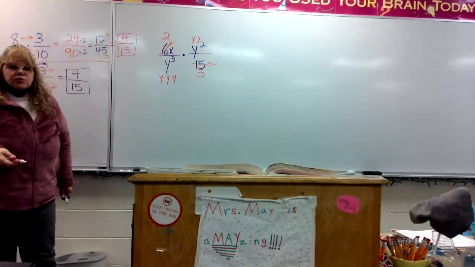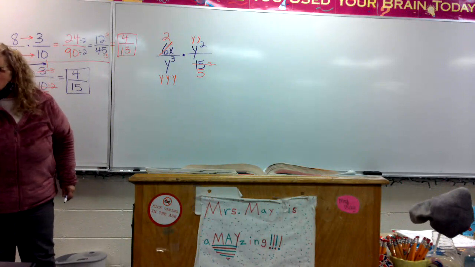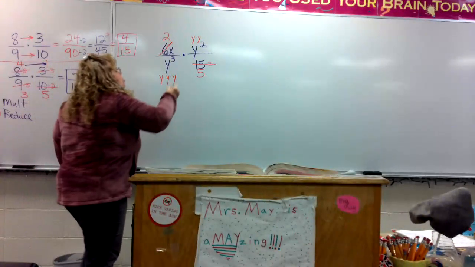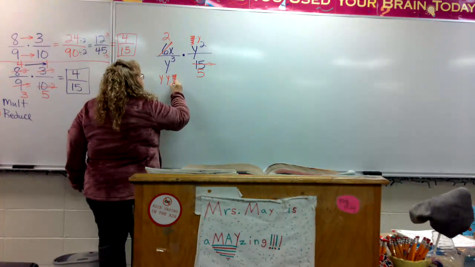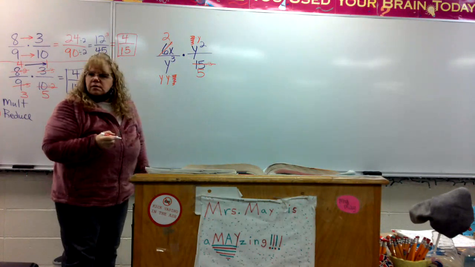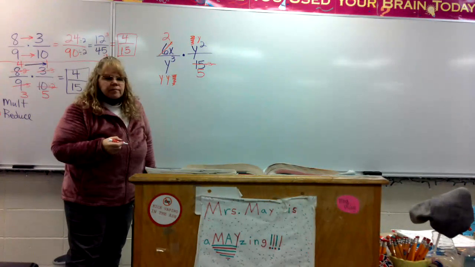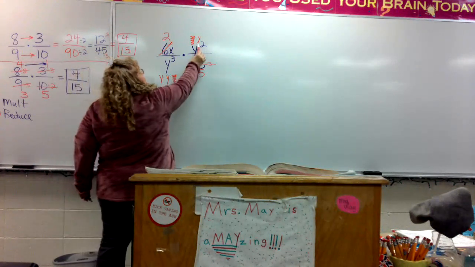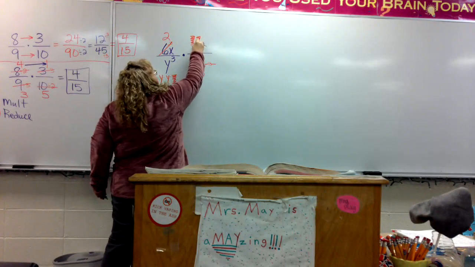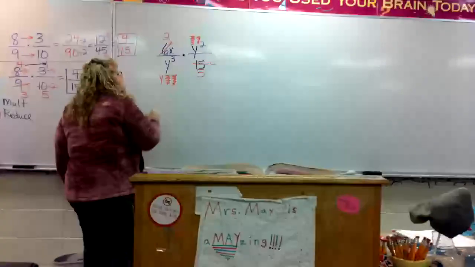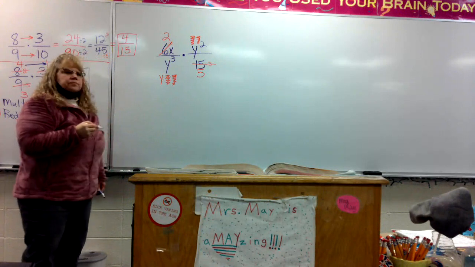We can cancel those, right? A y on top and a y on bottom. So this y right here, I can cancel with one of those. Does that make sense? And guess what else we can do? There's another y and another y we can cancel.